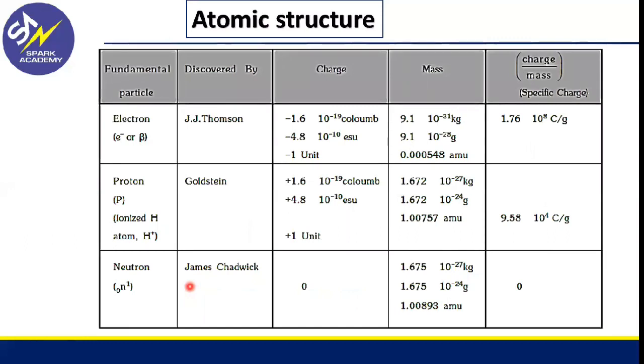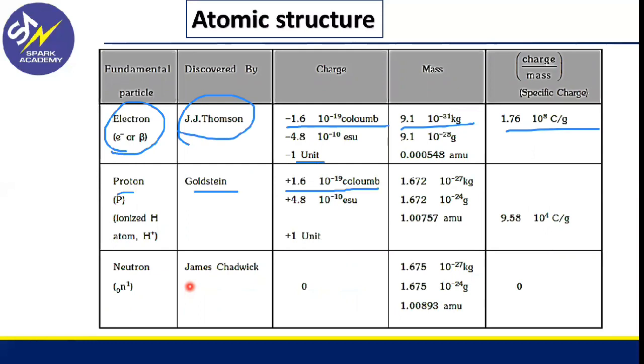Make sure you take a screenshot of it: the scientist, the charge. So electron is always negative charge, discovered by J.J. Thomson. This is the charge, this is the mass, this is the specific charge. Specific charge means charge over mass. So it is considered as -1 unit. Proton was discovered by Goldstein, isn't it?